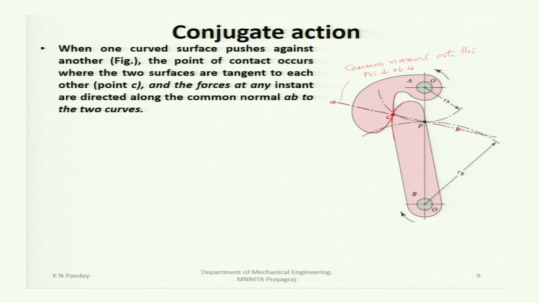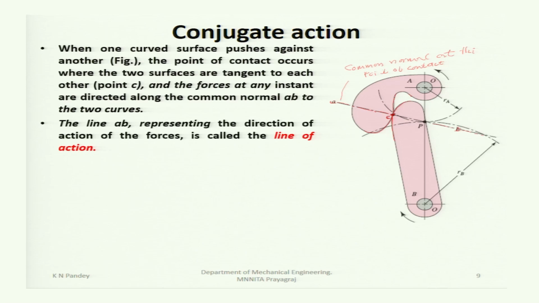One curved surface is pushing the other curved surface, and at point C they are tangent to each other, and the forces acting from body A to body B are along the common normal at the point of contact, AB.